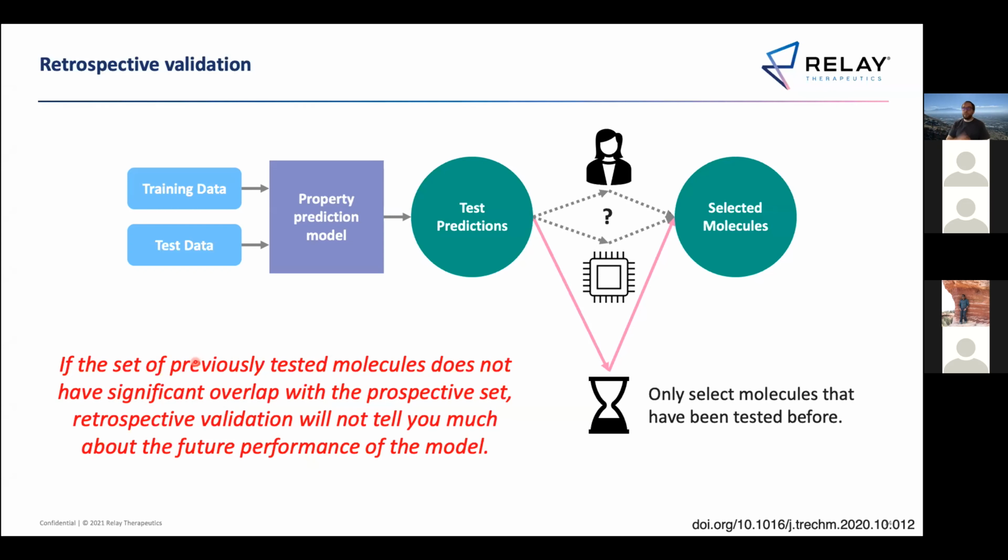And so one thing that I wrote in my perspective piece in Trends in Chemistry is that retrospective validation really only tells you about how the model is going to perform if it's never used in the actual decision-making process. So if you are doing retrospective validation, you have to be careful to consider this overlap between the prospective and the retrospective settings and use that as a metric, or at least a signal, about how much information you're getting about future performance by doing a retrospective study.